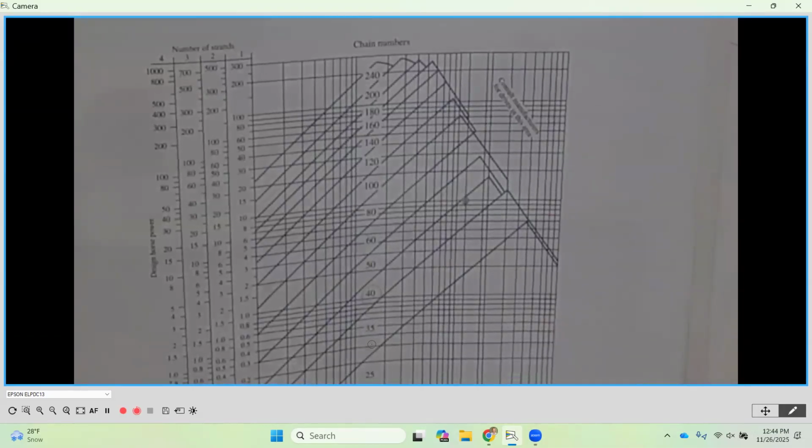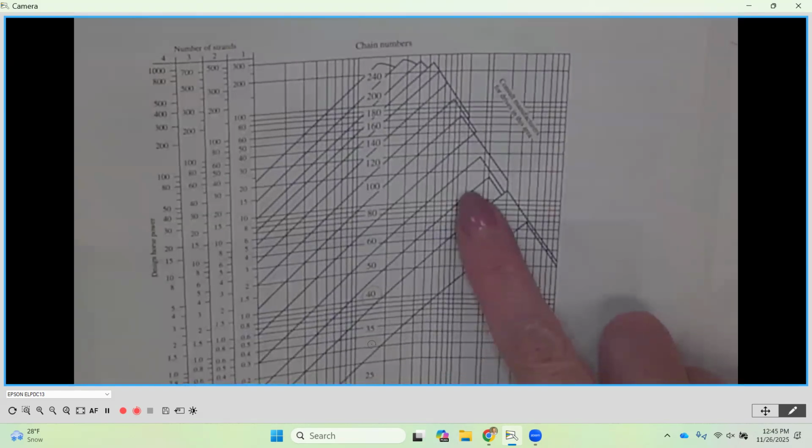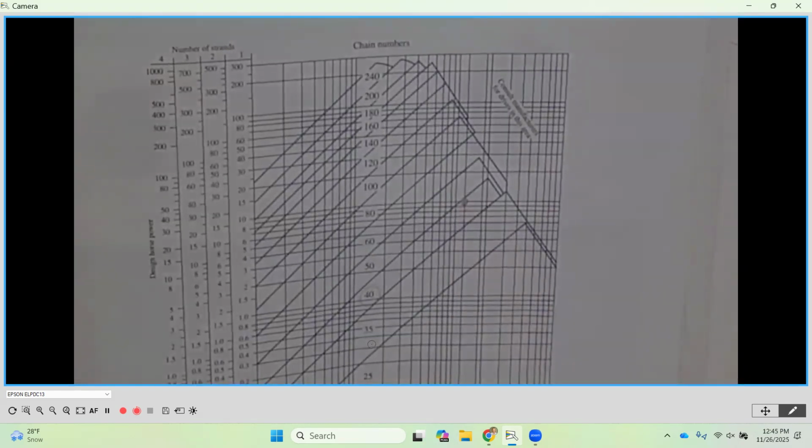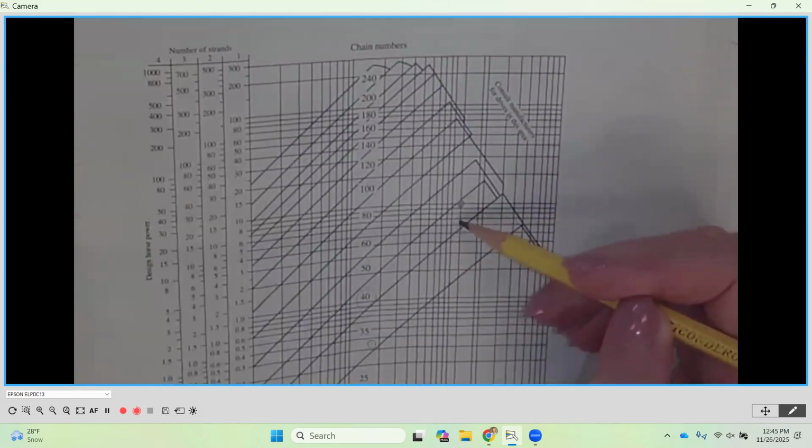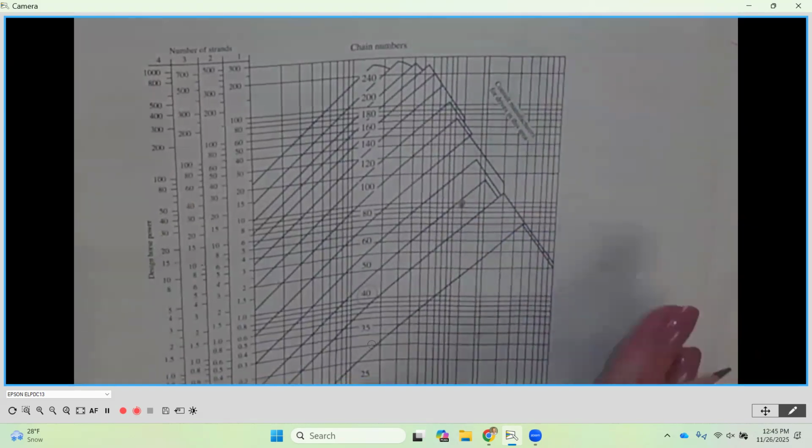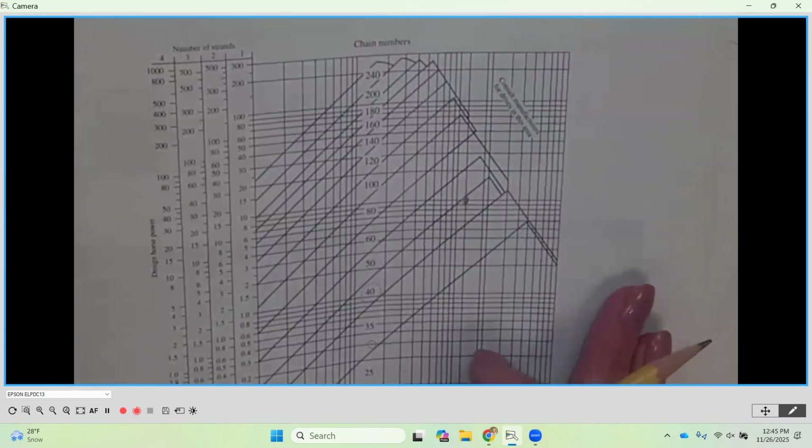If I was designing this out in industry and I was going to put my name on it, certifying this is what I'm going to design, I probably would go up to 50, because it's kind of close to the line there. I'd like to see it down here a little bit more, but the book stuck with 40, so we're just going to go with 40.